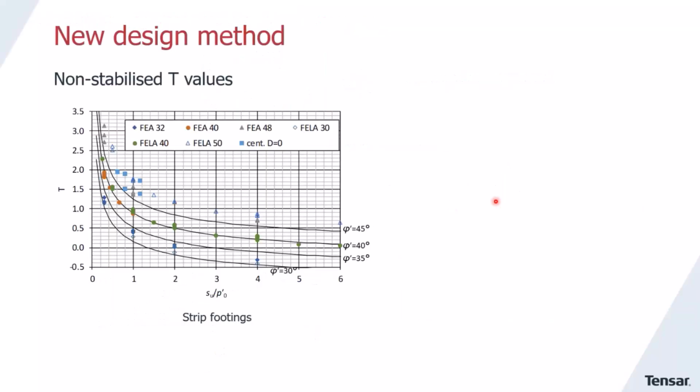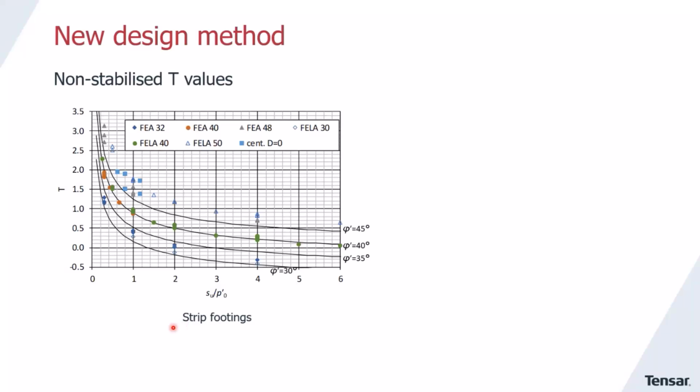Now that we have derived this very simple analytical relationship for the bearing capacity, we can go and do a lot of parametric studies using finite element modeling to derive the T-value relationship for different materials, different combinations of acting pressures and undrained shear strengths of the subsoil, and get the relationship for the T-value.